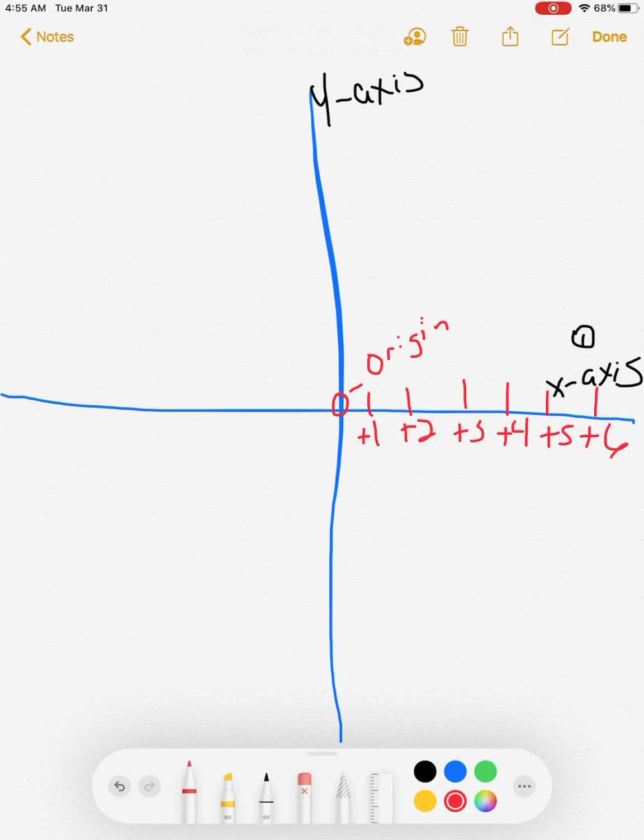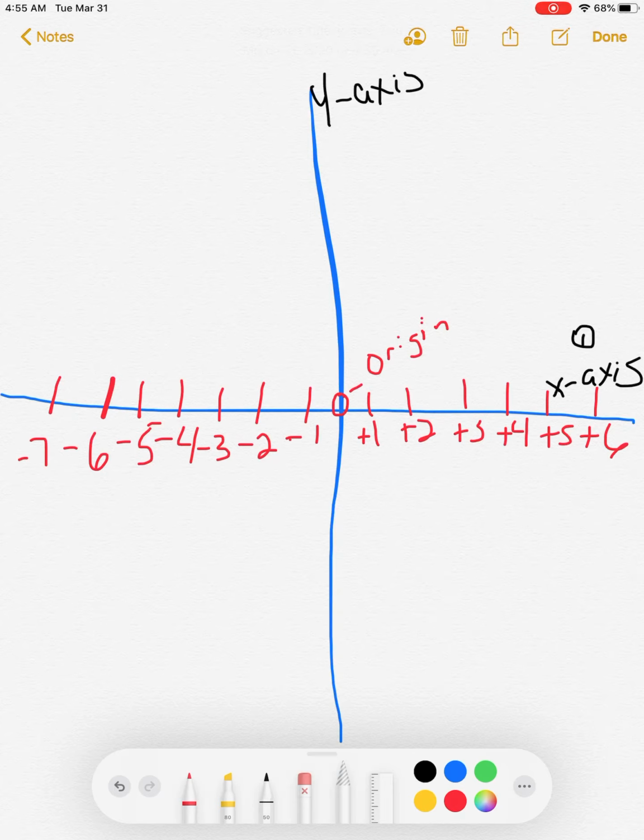We've already been practicing our positive and negative integer number lines, so we know that the negative numbers belong on the other side. So this would be negative 1, negative 2, negative 3, negative 4, negative 5, negative 6. I can get a negative 7, I think. Negative 7.